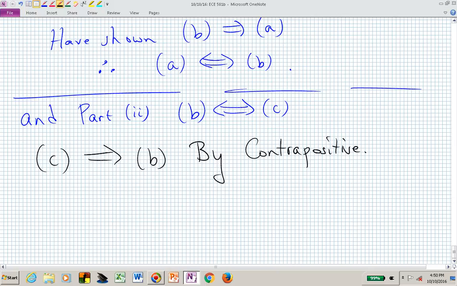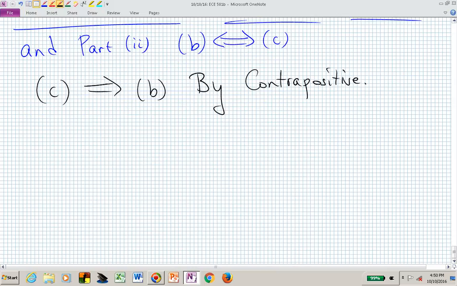So we're trying to show C implies B. What we do is we take the negative of the result and show that that implies the negative of the antecedent, or the C in this case.